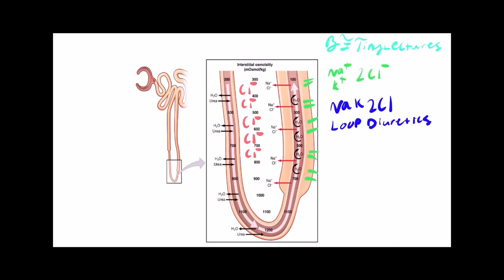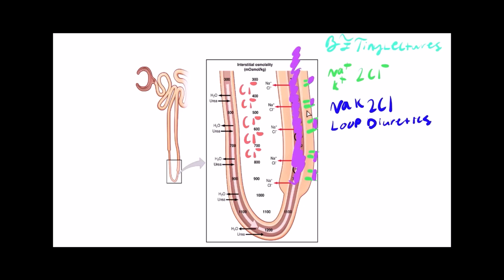What a loop diuretic does is that it's going to block this membrane channel. It's going to block the excretion of sodium, it's going to block the excretion of potassium, and it's going to block the excretion of chloride. So here we are, we're going to plug it up. So now sodium can't leave. It's trapped. So now the concentration of sodium is increased.